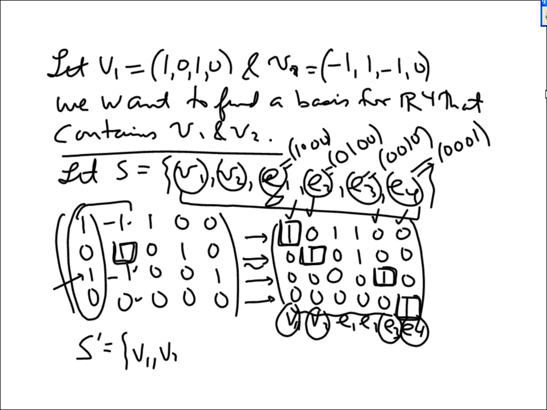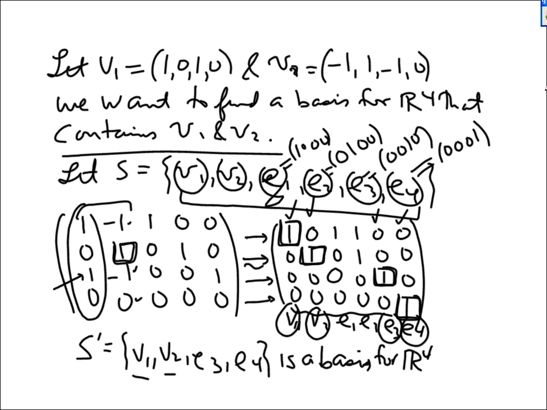V1, V2, E3, E4 is a basis for R4, and it includes V1 and V2. So I have to assume that you know how to reduce a matrix.